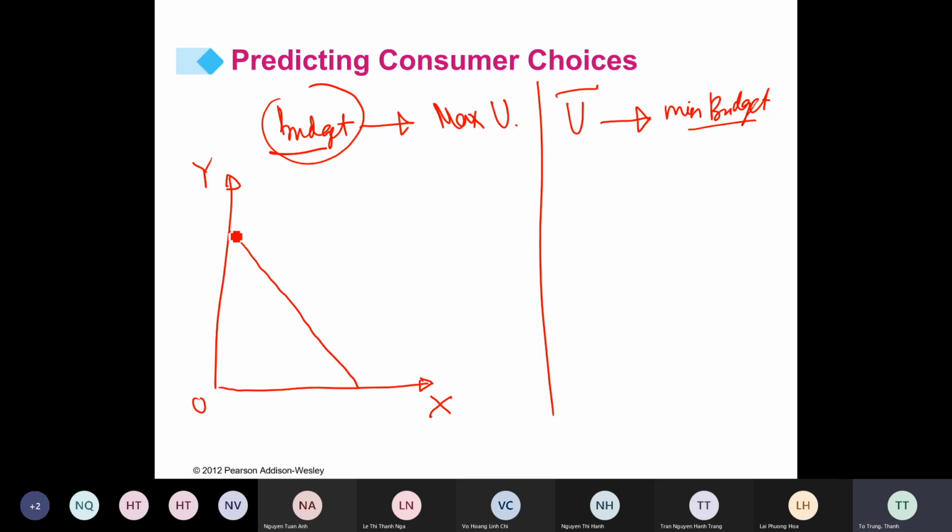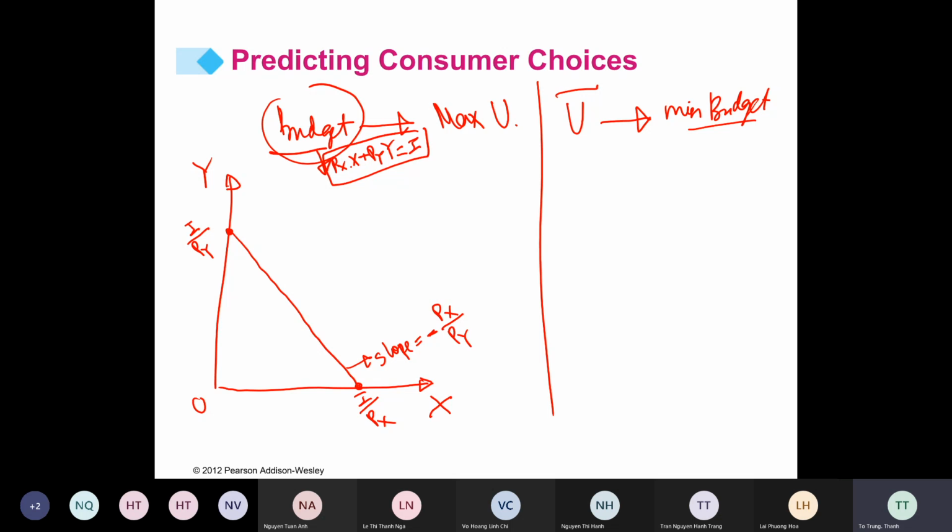And last week we started that this point is I divided by py. This is I divided by px, right? And the slope of this is minus px by py, right? And the equation for the budget line is px times x plus py times y is equal to income.